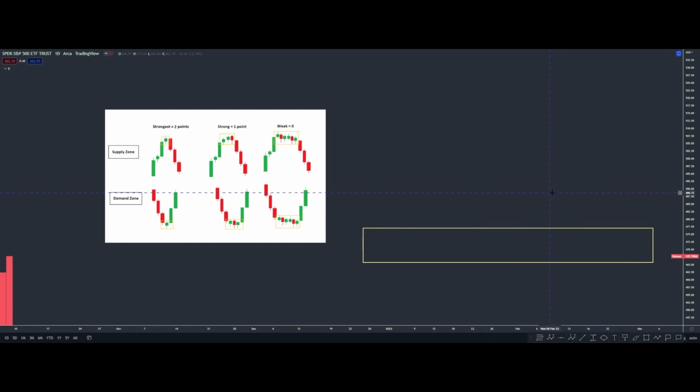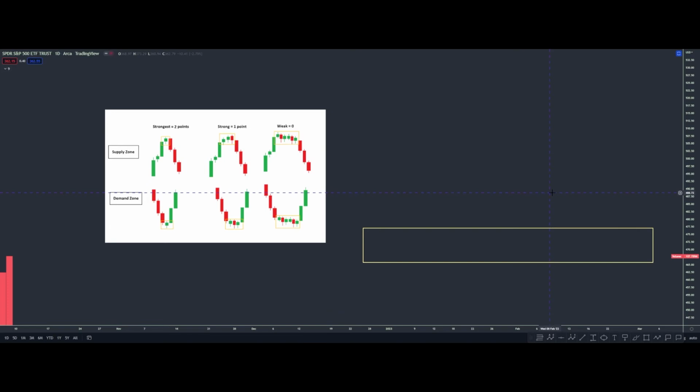My favorite way to play these zones, guys, are playing fresh zones, intraday zones, or zones that I see on a higher time frame, like the 30-minute, hourly, 4-hour, etc., or maybe even a zone on the daily, a zone on the weekly. These higher time frame or longer time frame zones are going to play out much more consistently than if you maybe identify a zone on like the 3-minute.